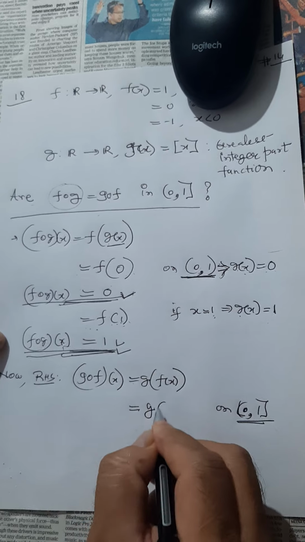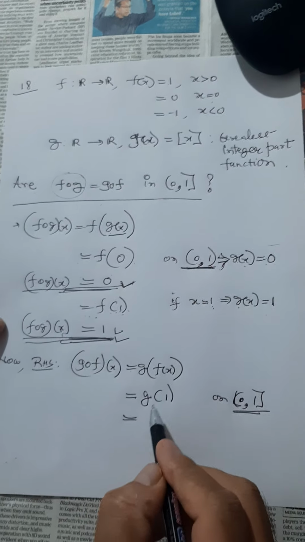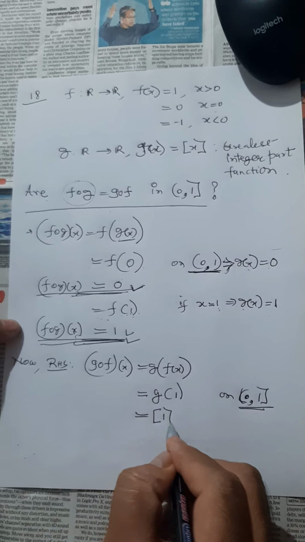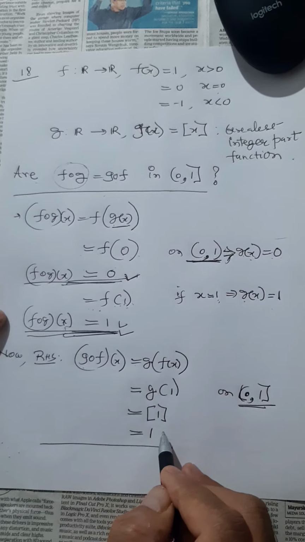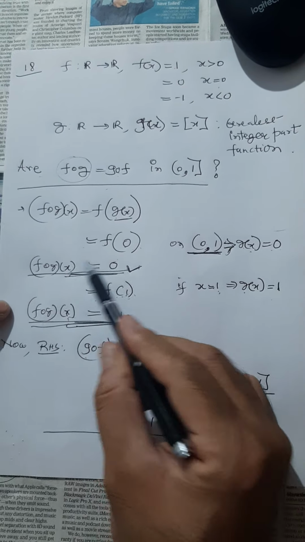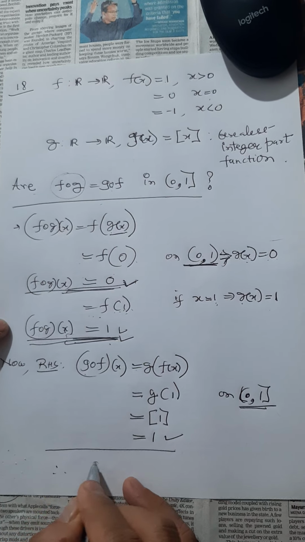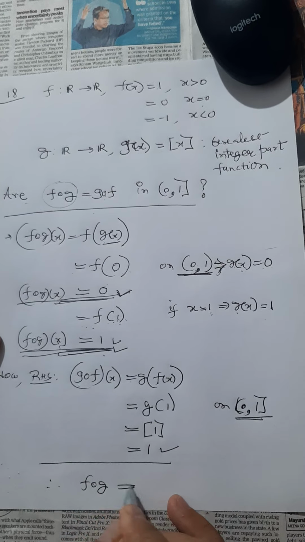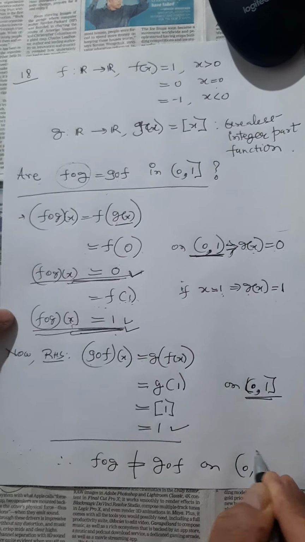Positive, then you have fx equals to 1 only. Now what is g of 1? That is a box of 1. This is 1. So you see here GOF always takes value 1. Here FOG may take 0 and 1. So are they equal? No. So FOG is not equal to GOF on open 0 to closed 1.